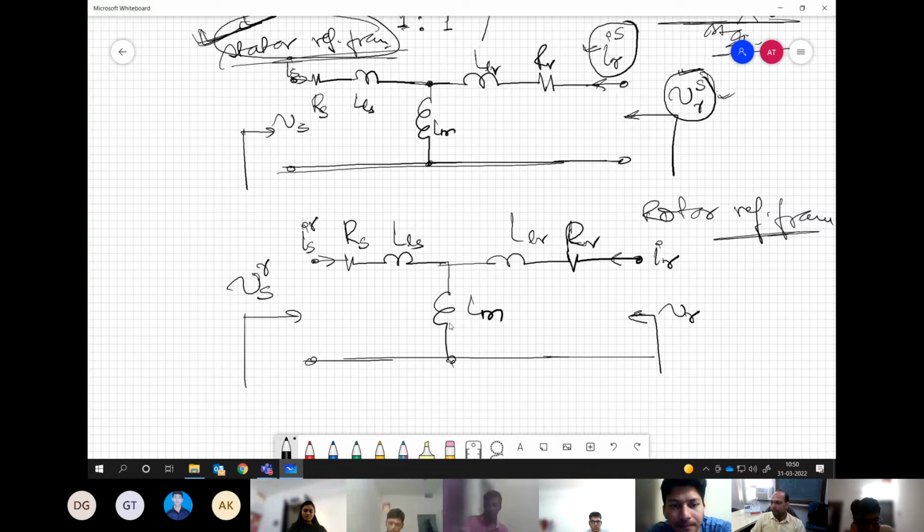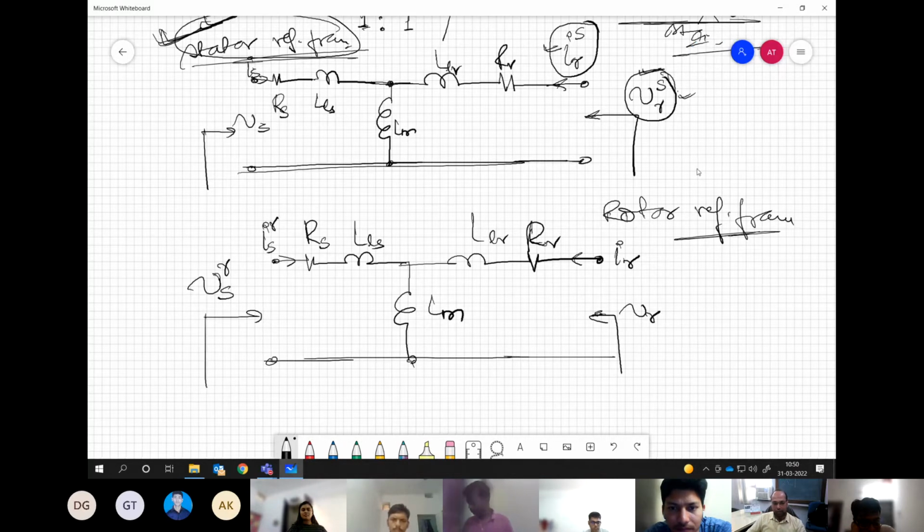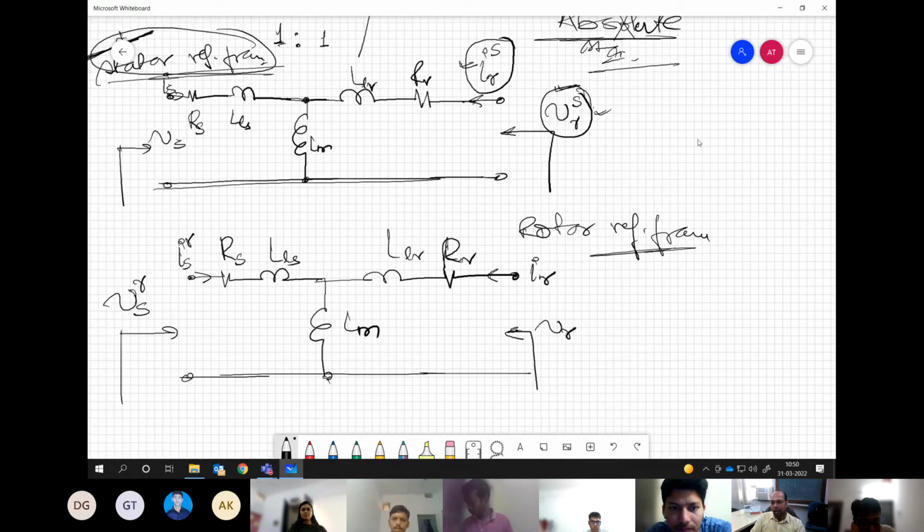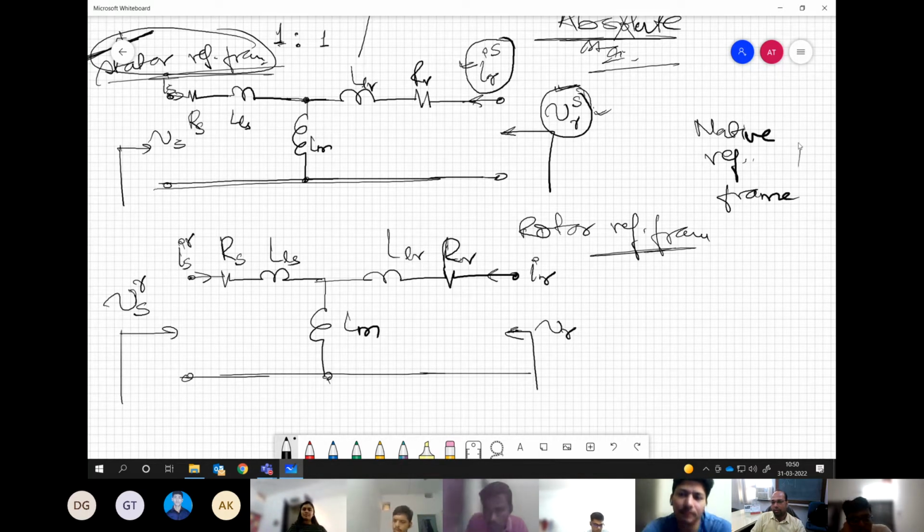Okay. Now this is slightly confusing. We have rotor reference frame, stator reference frame. We are using this subscript, that subscript, superscript and all that. How to differentiate which reference frame we are talking about? So I give a generic name for this. I call something the native reference frame. You know what native is, right?